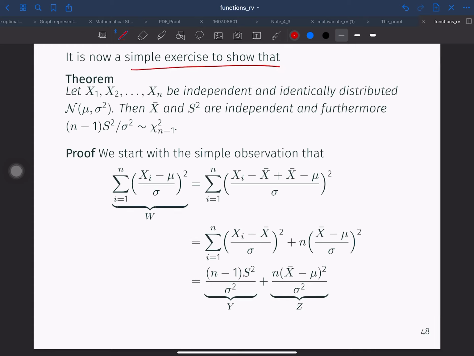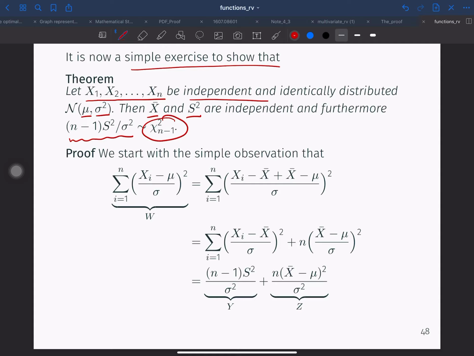It is now a simple exercise to show that if you have random variables x1 to xn that are independent and all have the same normal distribution with mean mu and variance sigma squared, then the sample mean is independent of the sample variance. Furthermore, the sample variance, properly transformed, is chi-squared with n minus 1 degrees of freedom. And this is, as we claimed, a quite easy exercise.